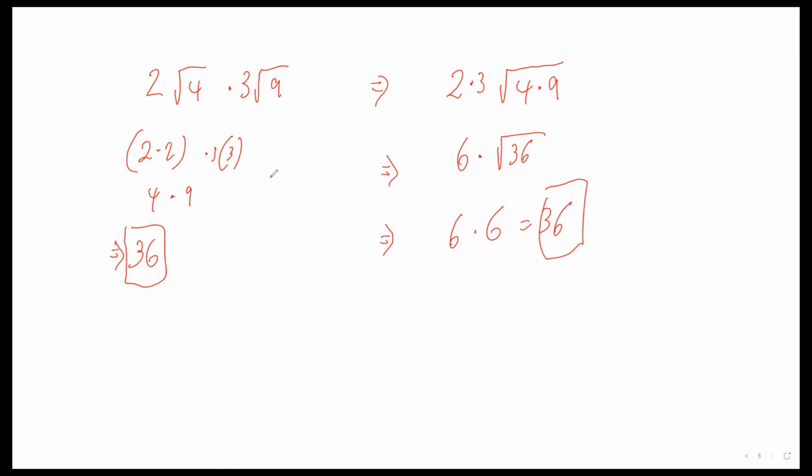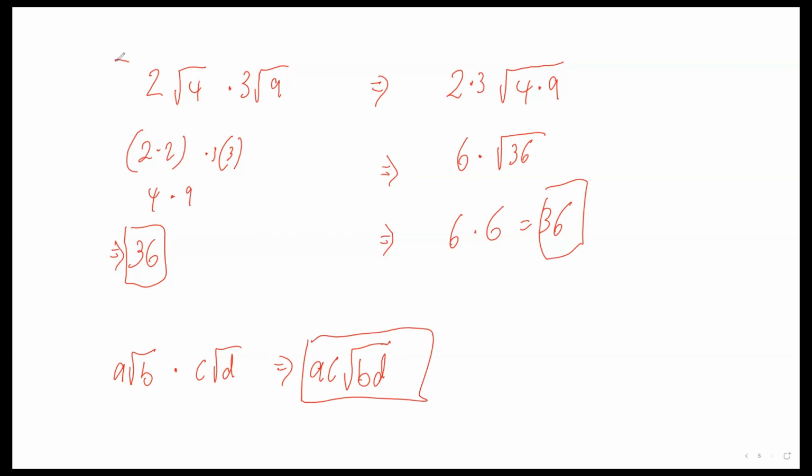Now we can make a generalized rule. The generalized rule would be, if I have some number, let's say a root b times c root d, then you could actually simplify this to ac root of bd, right?